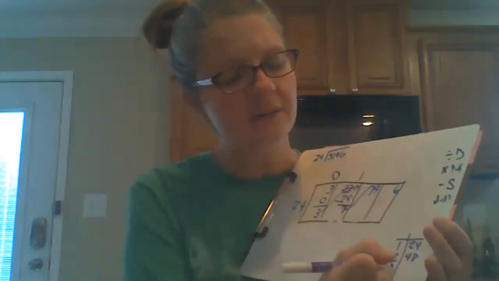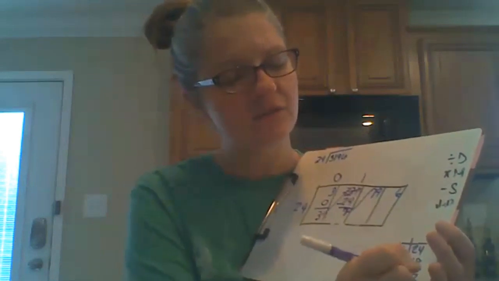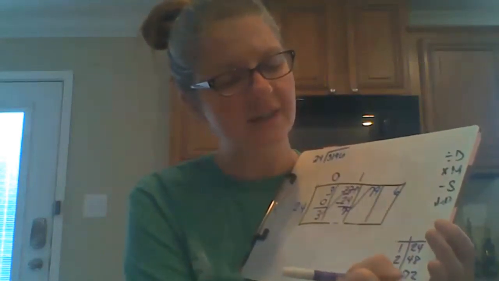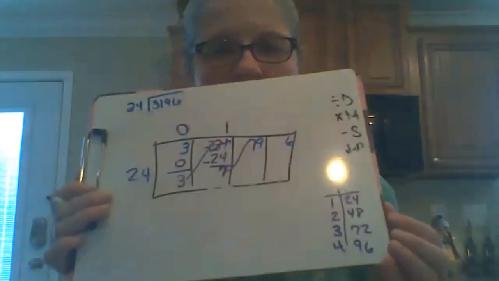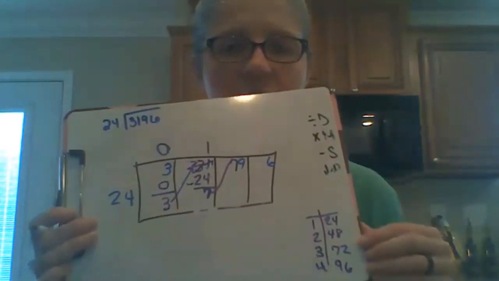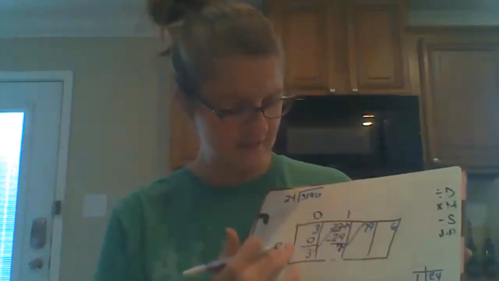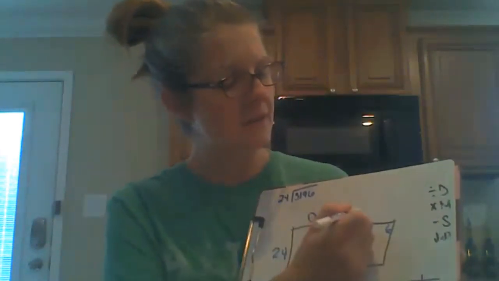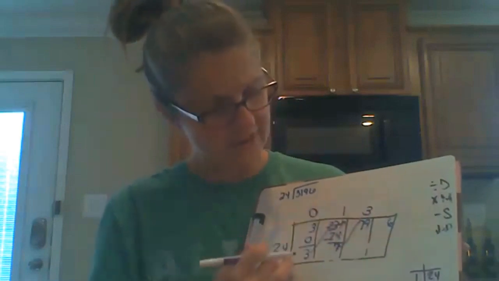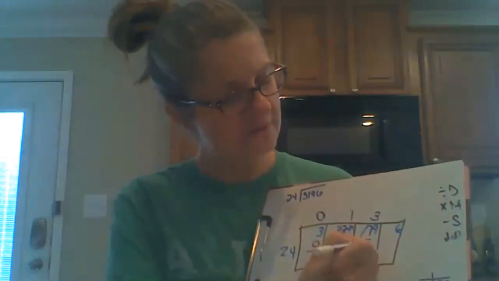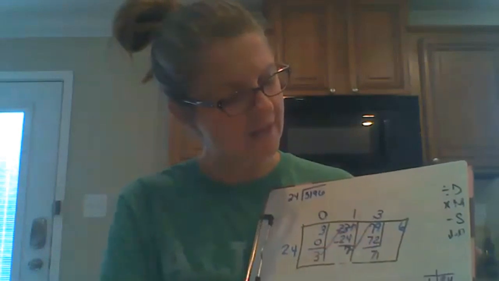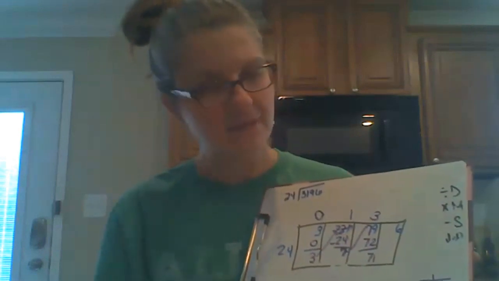So 3 will be 72 and 4 will be 96. So I can see that 72 is going to be the closest I can get. So 79 divided by 24 is going to be 3. 3 times 24, 72, and I'm going to subtract. That leaves me with 7.